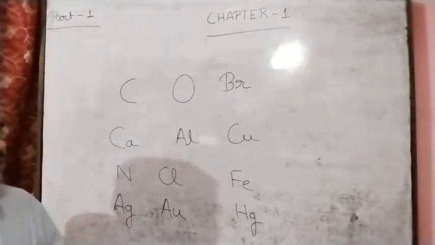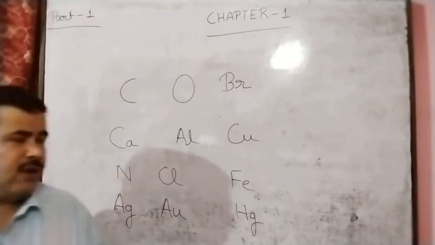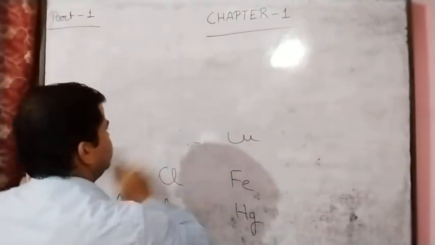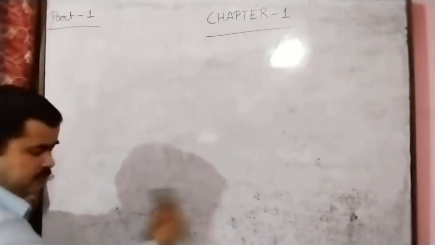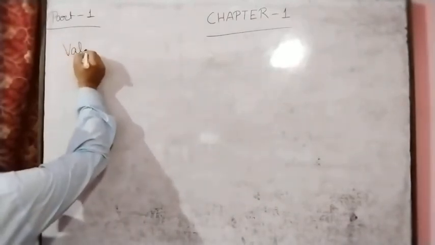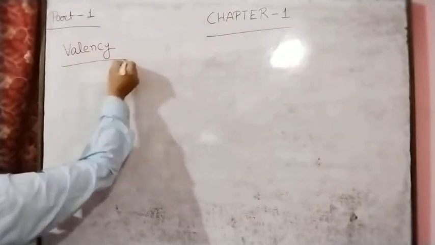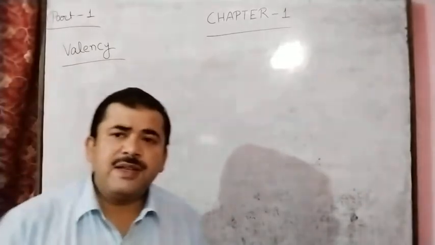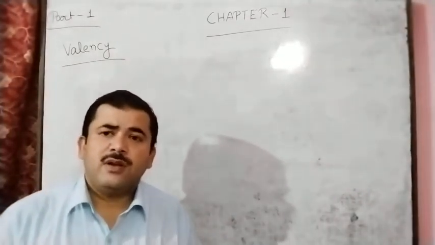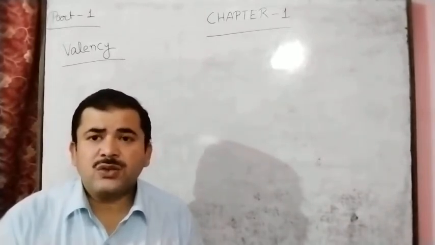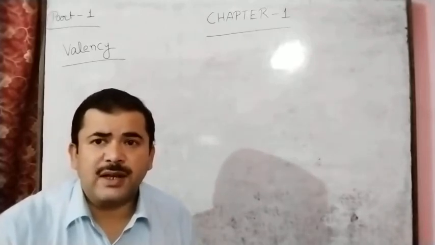And next topic, valency. Valency definition: the atom loses electrons, gains electrons, or shares electrons so as to complete the nearest noble gas electronic configuration.